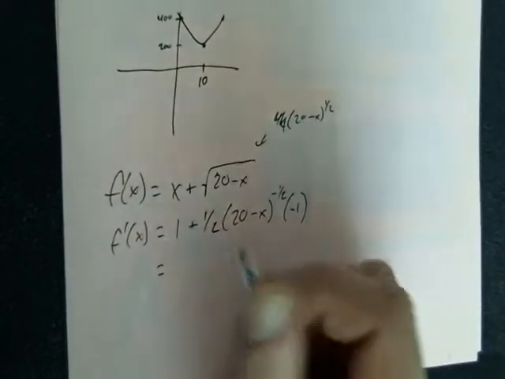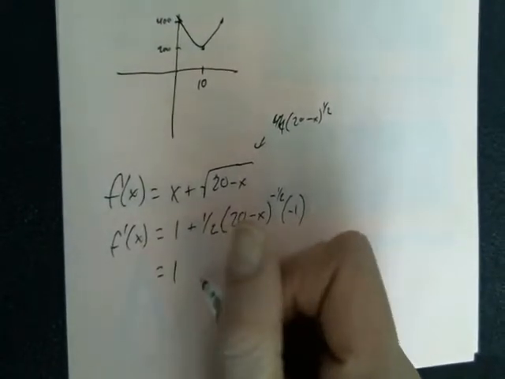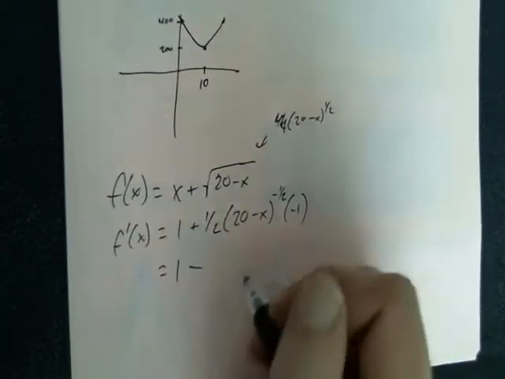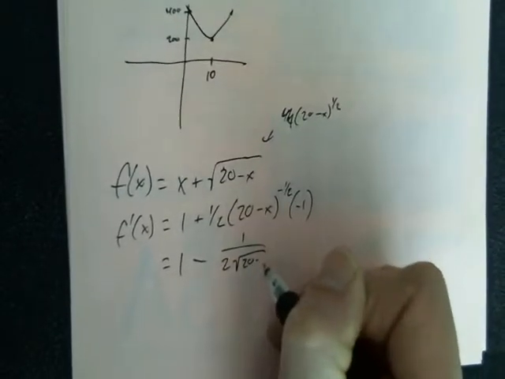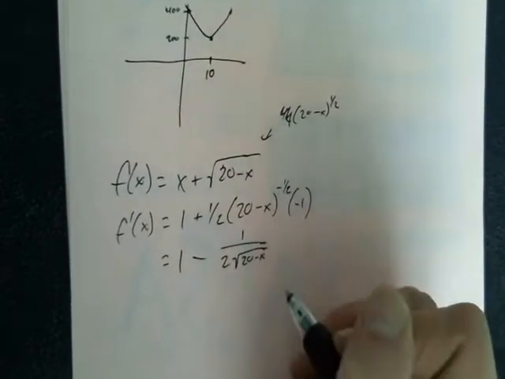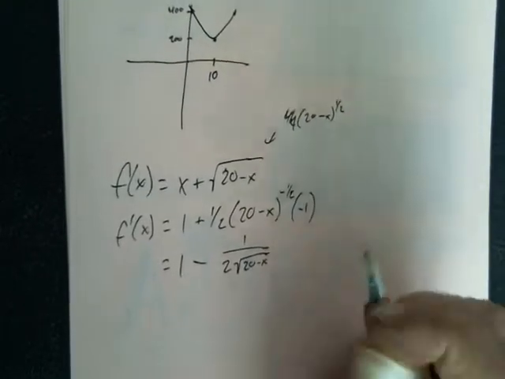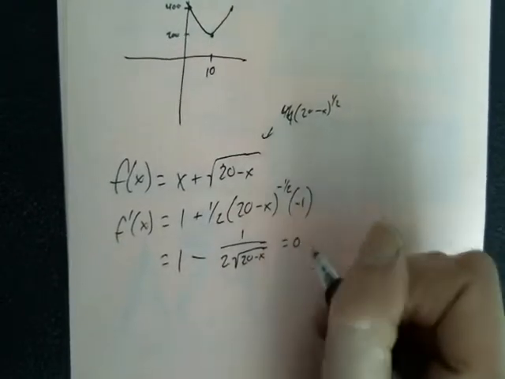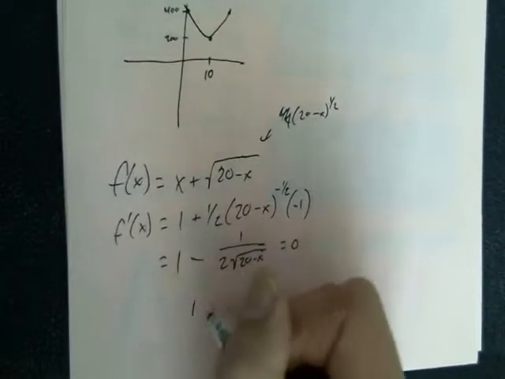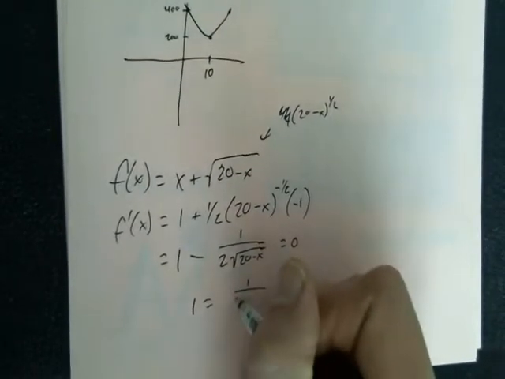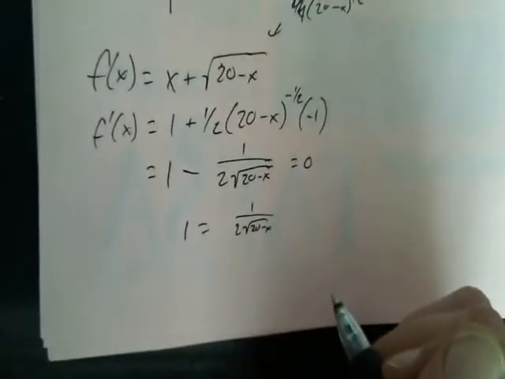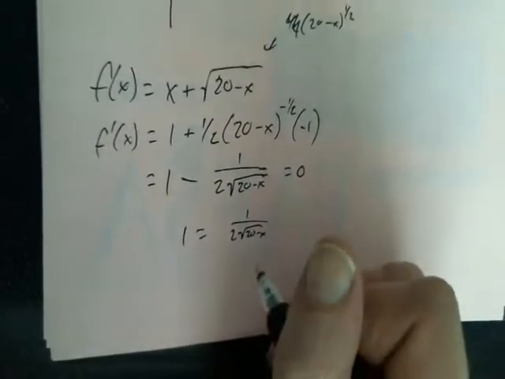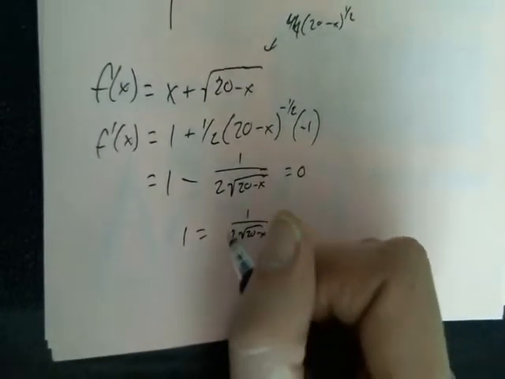So let's look at that a little better. This would be 1 minus 1 over 2 square root of 20 minus x. We'll set this equal to 0. That means that 1 equals 1 over 2 radical 20 minus x. And we can multiply both sides by this.